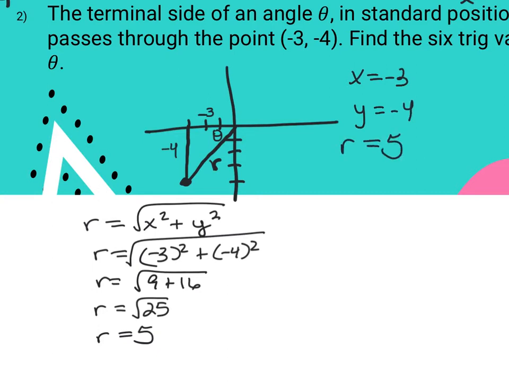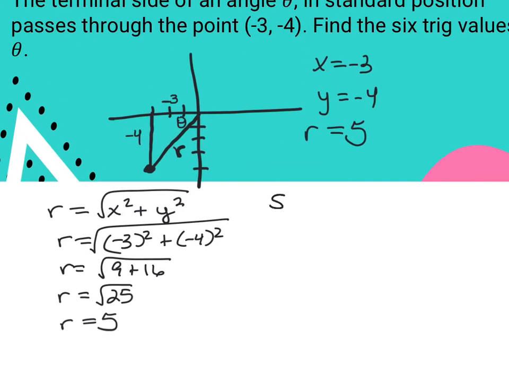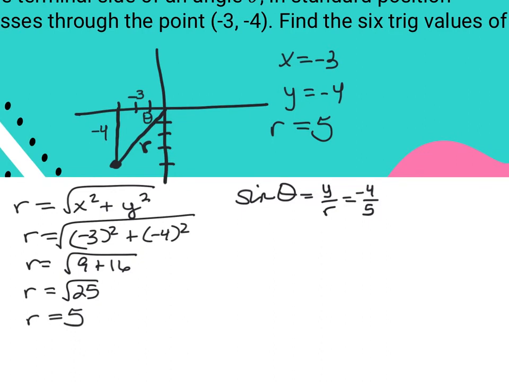I can now plug it in to what you're memorizing. So sine of theta, again, is y over r. So -4 over 5. I'm going to write its reciprocal right now, which is cosecant.